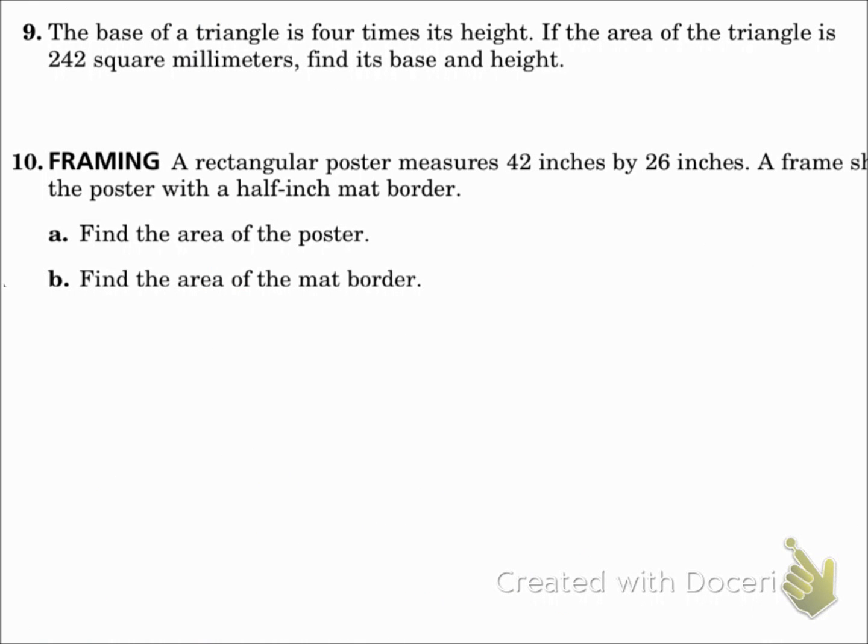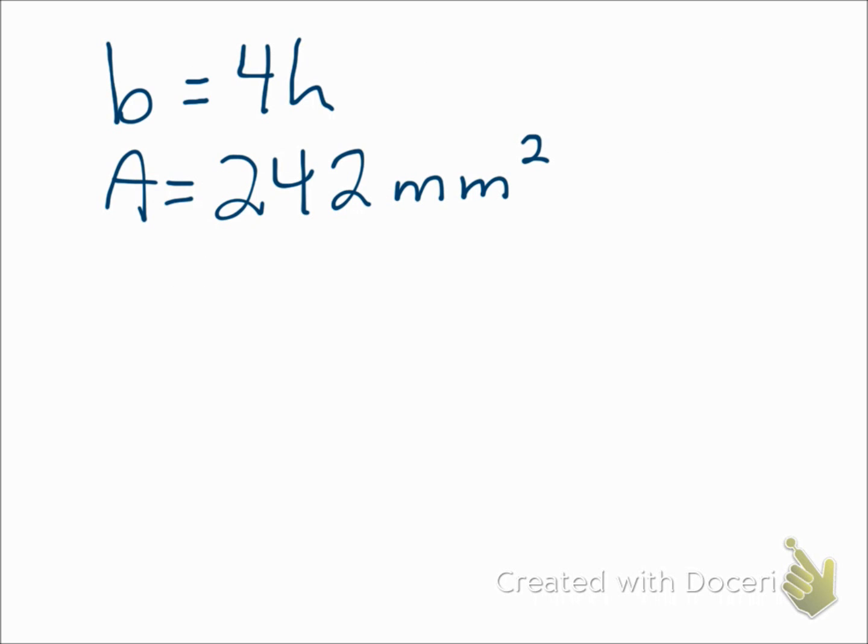Question 9. The base of a triangle is 4 times its height. If the area of a triangle is 242 square millimeters, find its base and height. So we have a triangle where the base is 4 times the height. Let's use the area of a triangle formula. Area is 1/2 base times height.